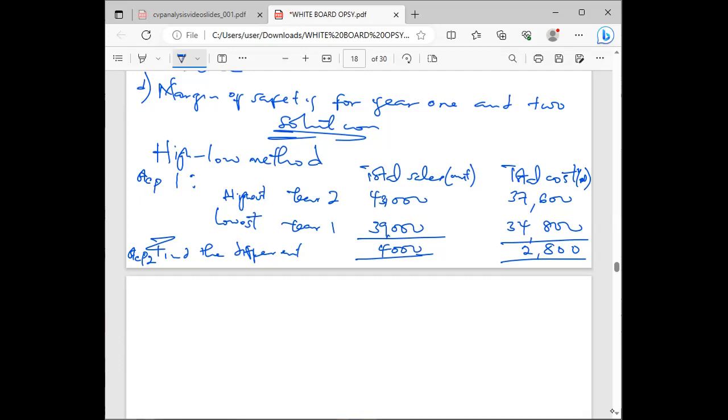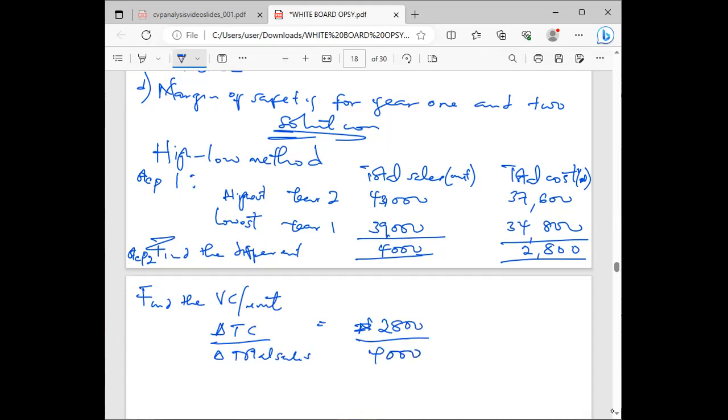The next step is to find the variable cost per unit. And the variable cost per unit is a change in the total cost over change in total sales, which is 2,800 divided by 4,000 units. This will give us, please help me calculate this.